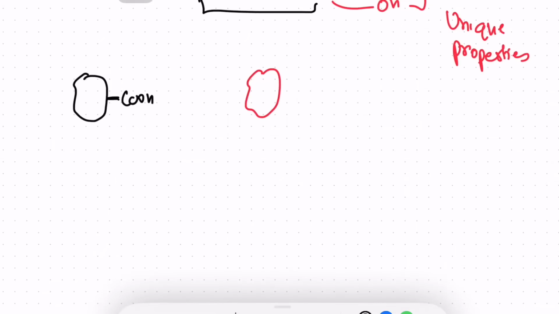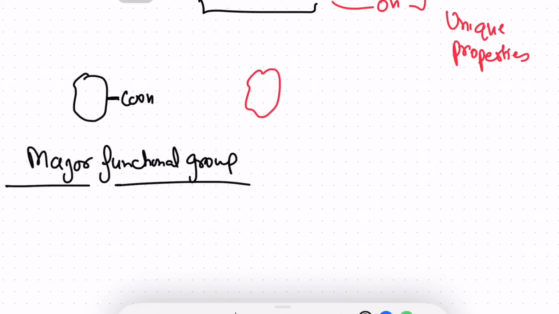Now, before starting the lecture, I just want to tell you the major functional groups which are being transferred within the cell. One is acyl group transfer reactions.